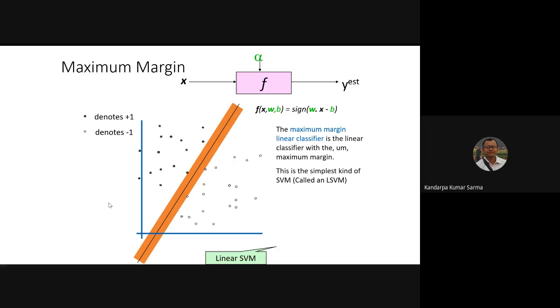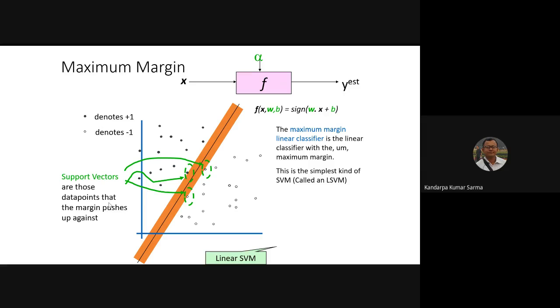So a maximal separability should be the goal in support vector classification. Therefore, a depiction of this type is necessary.